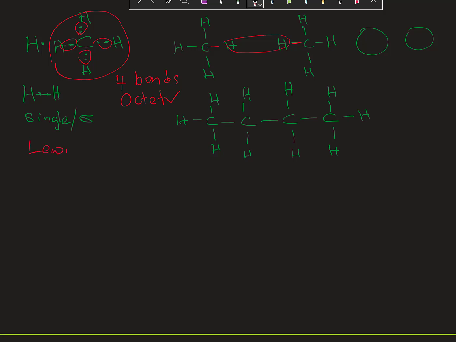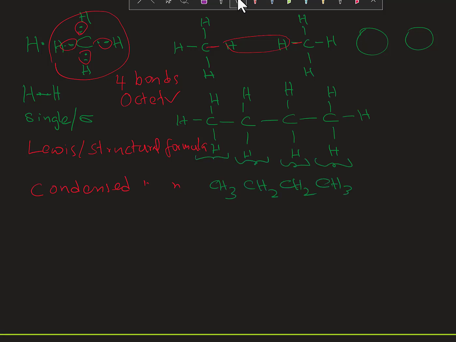Okay. Now, that's called the Lewis structure, or also the expanded structural formula, showing all the bonds and hydrogens. We can condense that to get the condensed structural formula. What do you do? This one is CH3, then CH2, then CH2, then CH3. Now, you can pause the video and draw it, okay?